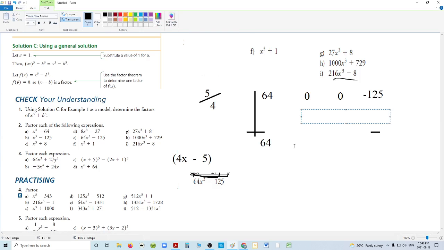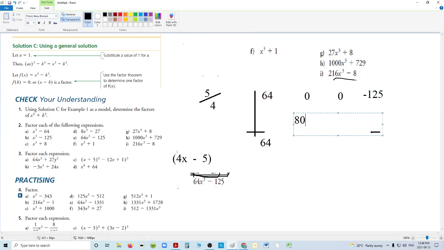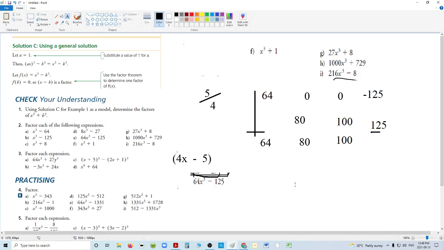So 64 divided by 4 is 16, times 5 is 80. Then I add it to the 0, I get 80. 80 divided by 4 is 20, multiplied by 5 is 100. When I add those, I get 100. And then 100 divided by 4 is 25, and times 5 is 125. So the last numbers cancel each other out.